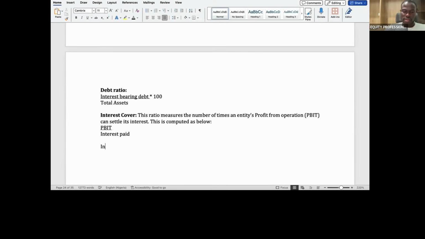And finally is investors ratios. Basically, these are popularly used on the stock markets for companies that are listed.